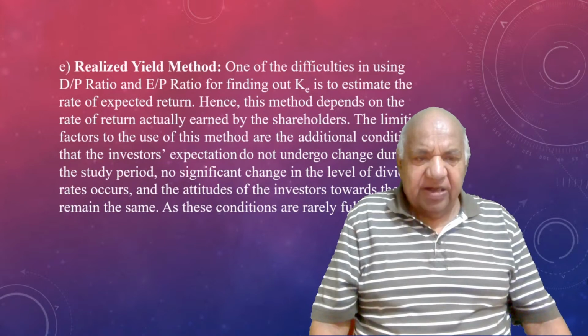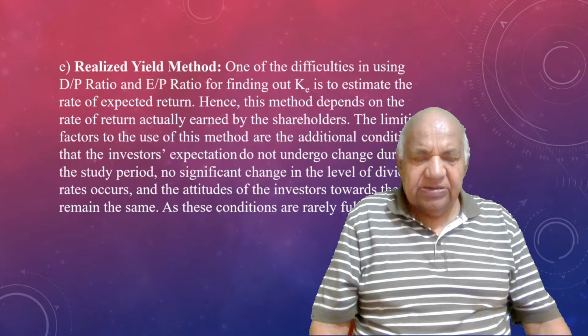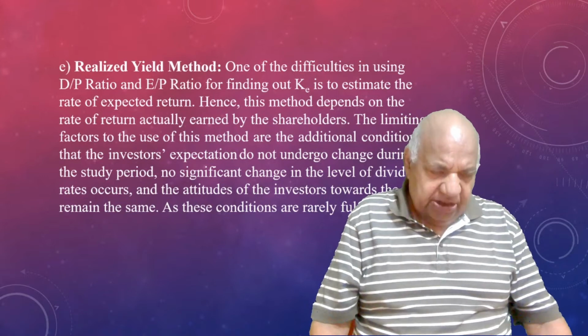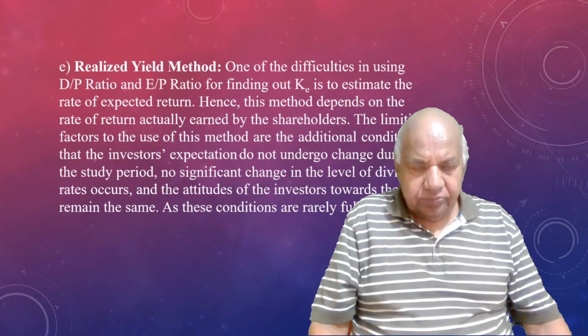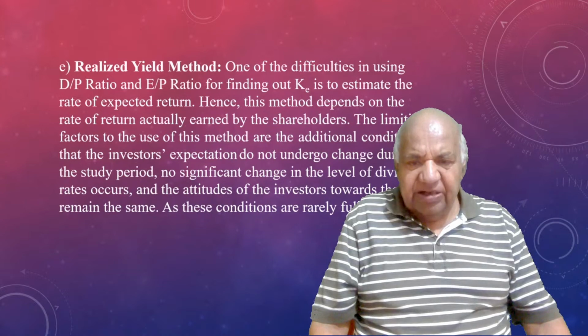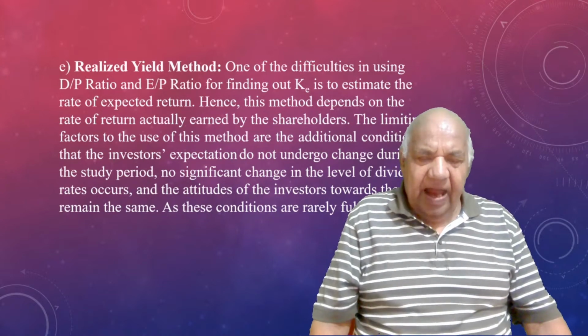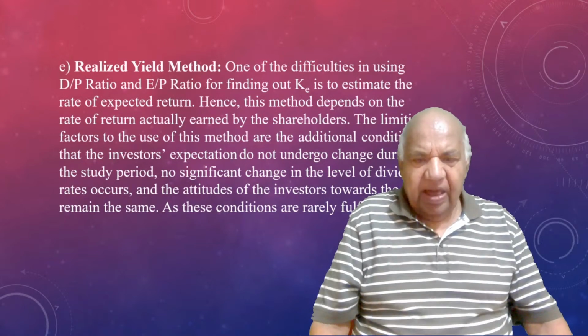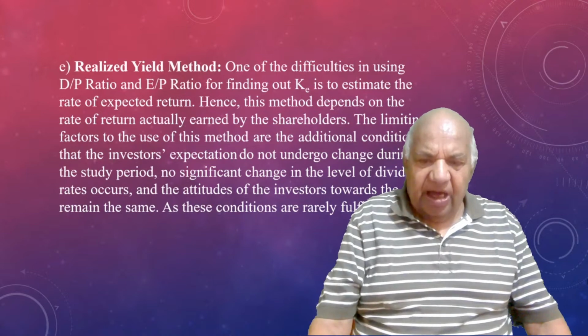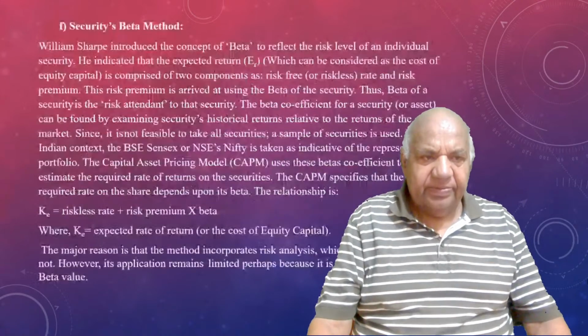The limiting factors to the use of this method are the additional conditions that the investor's expectations do not undergo change during the study period, no significant change in the level of dividend rate occurs, and the attitude of the investors toward the risk remains the same, as these conditions are rarely fulfilled.